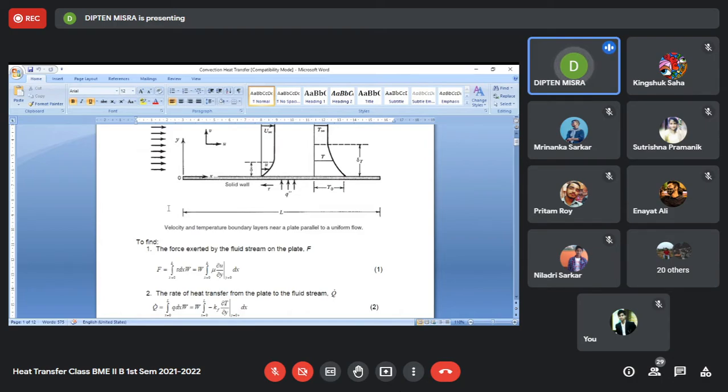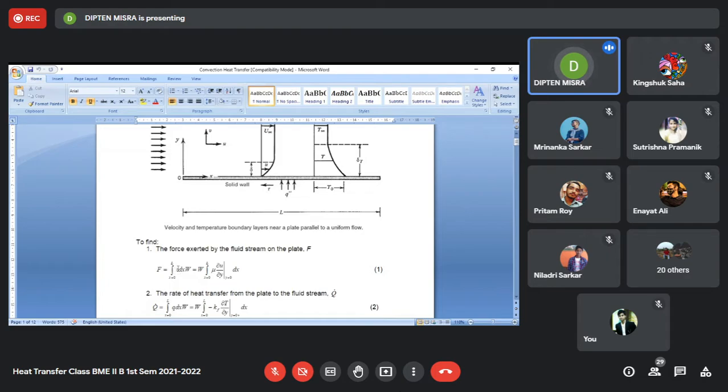And if we want to find out the total force, then we require to integrate this over the length of the flat plate starting from x equal to 0 to L, where L is the length of the flat plate. We can make this integration provided we know how this tau varies with x. W being constant, you can bring it out of the integration.